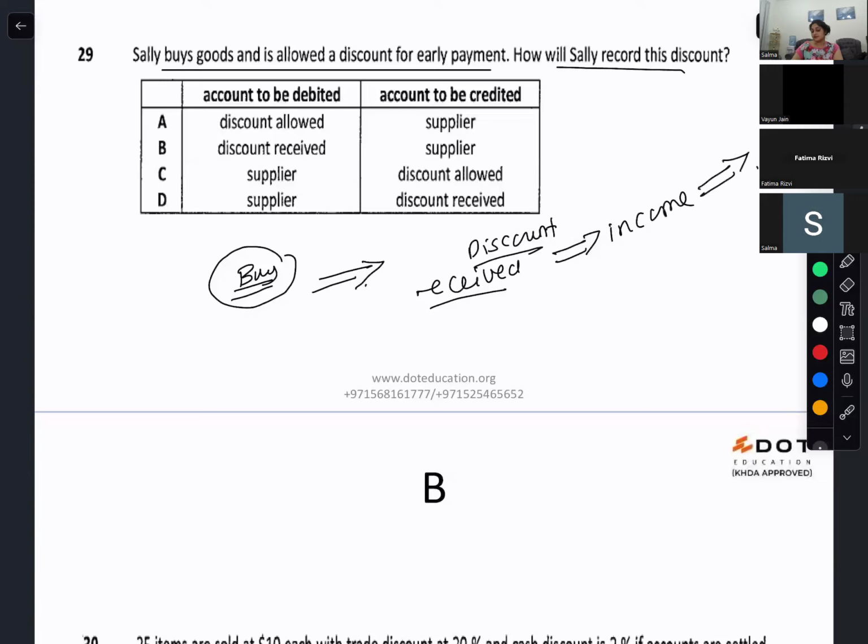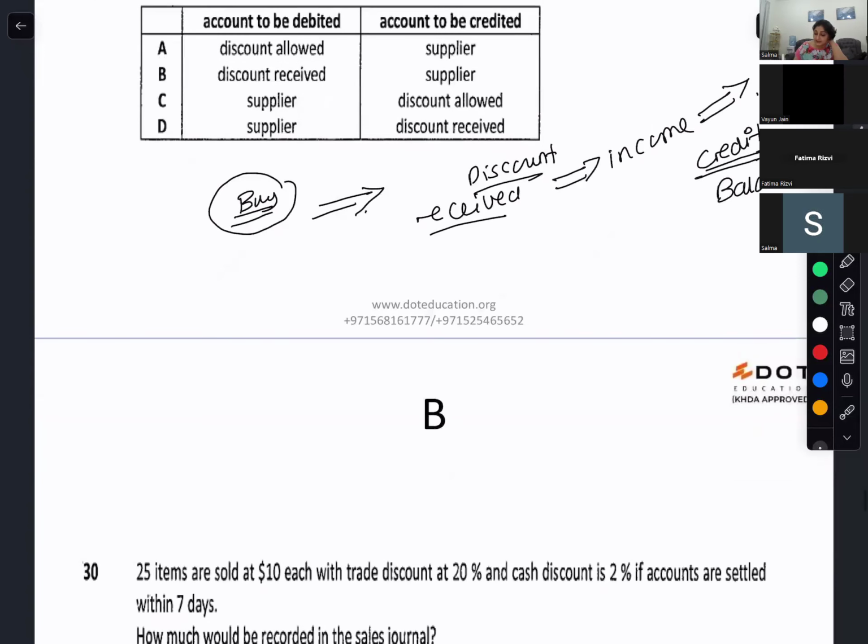Income, so it'll be credit balance. Give me the rule of nominal account. Debit all expenses and losses, credit all incomes and gains. So discount allowed is a loss for you, so it is always debit. Discount received is income for you, so it is always credit.